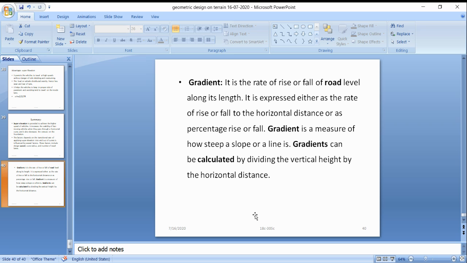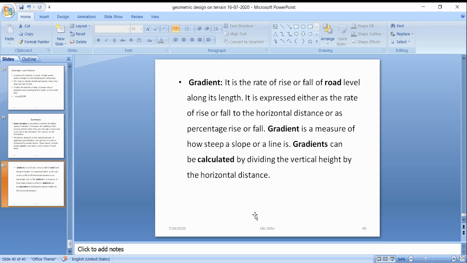In the gradient we have seen different types: ruling gradient, limiting gradient, exceptional gradient, and minimum gradient. Ruling gradient is the general gradient which we provide. Limiting gradient is generally provided for hilly areas. Exceptional gradient is not normally allowed; if allowed, it is only for 100 meters.